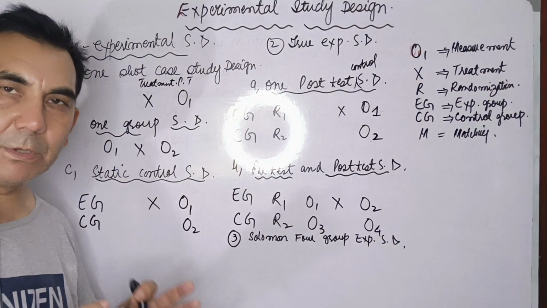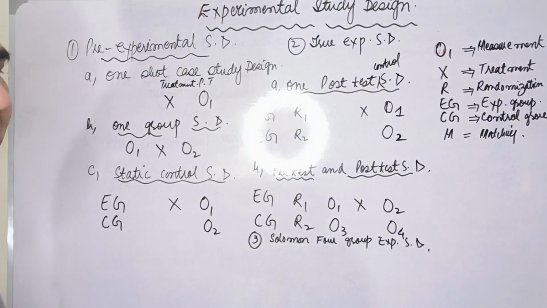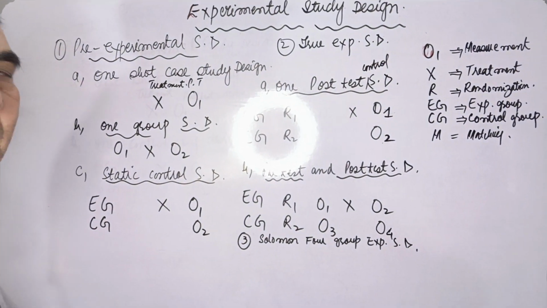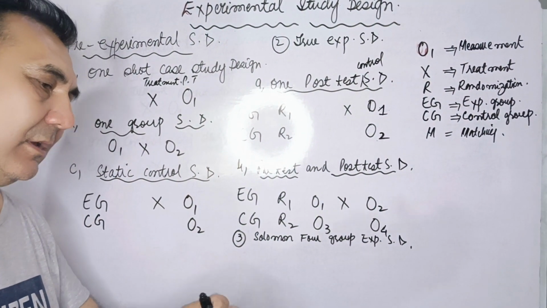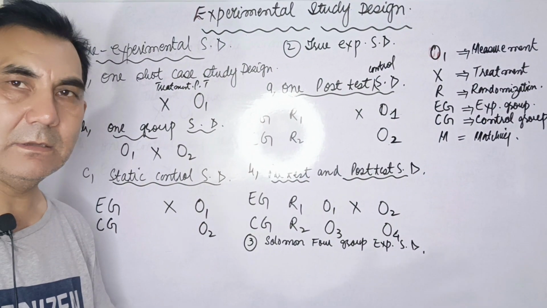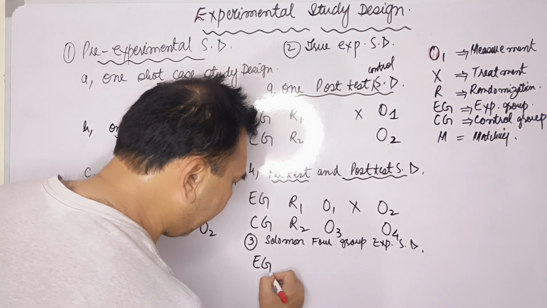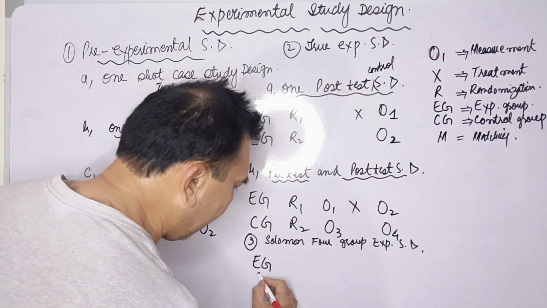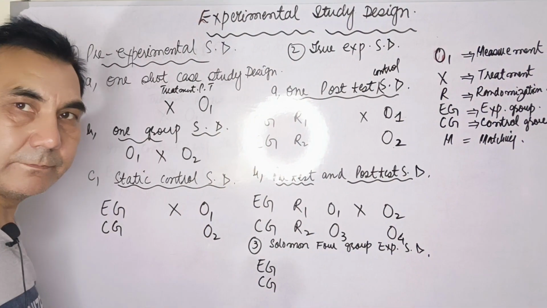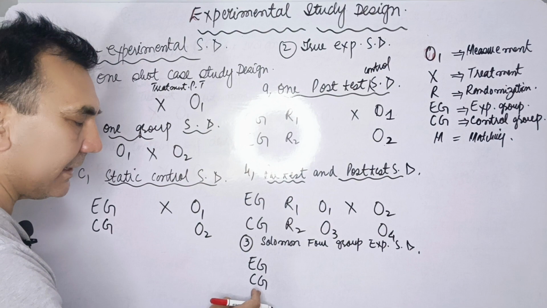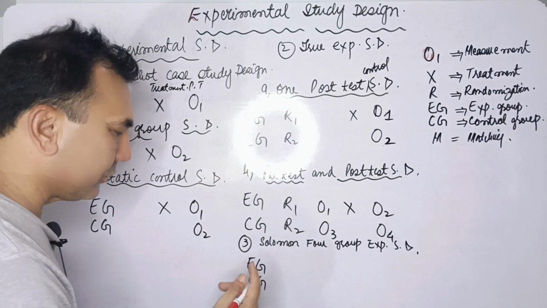Now in the Solomon 4 group experimental study design, what will the researcher do? Again there is an experimental group and a control group: the first experimental group and the first control group.